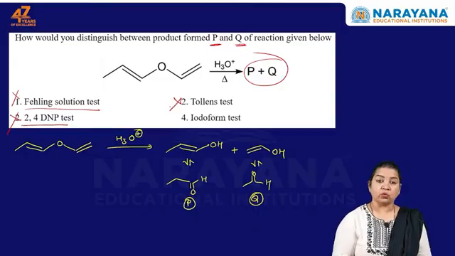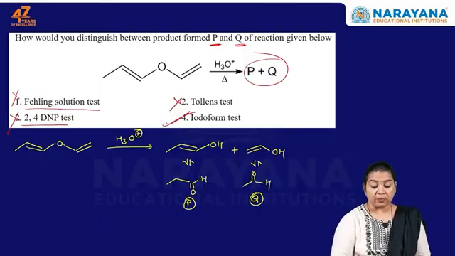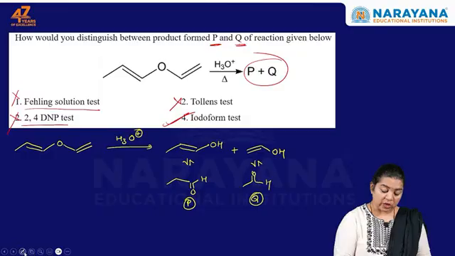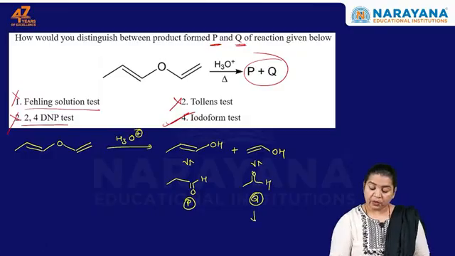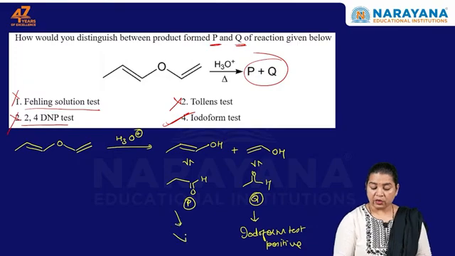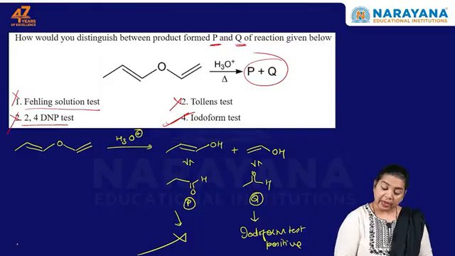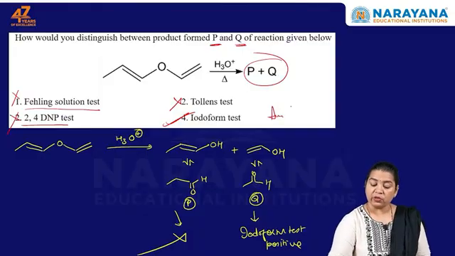Tollens, both are aldehydes, both will give Tollens test, silver mirror test positive, can't be used. Iodoform. Yes. Now the point is, which will give iodoform? This will give iodoform test positive, right? But this will not give positive iodoform test, and thus iodoform test could be used to differentiate P and Q, and answer is 4.